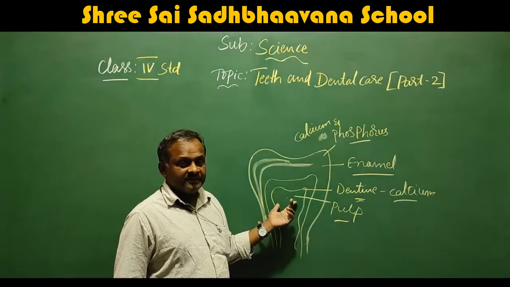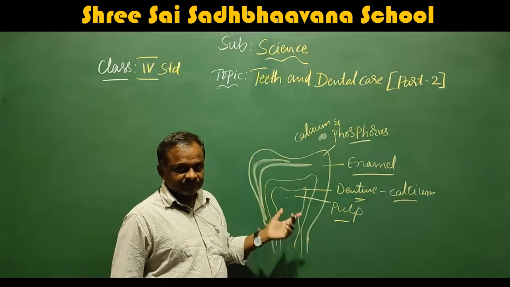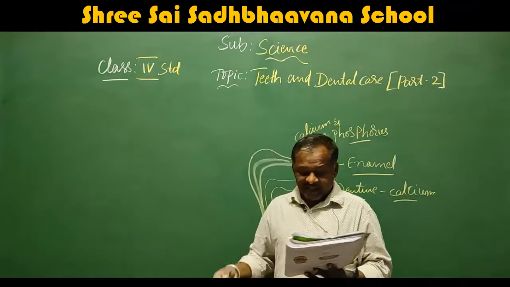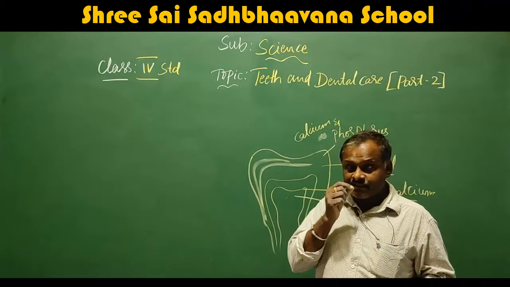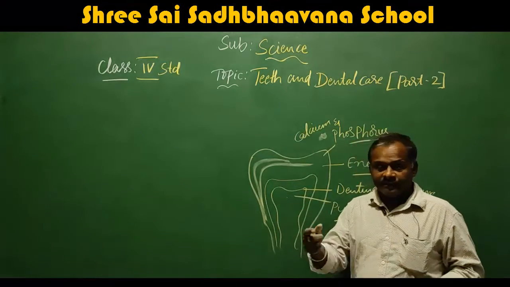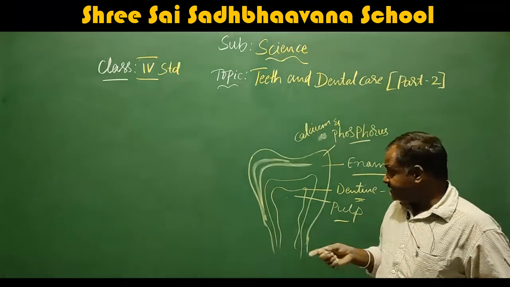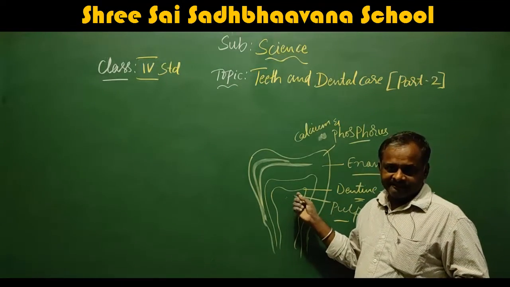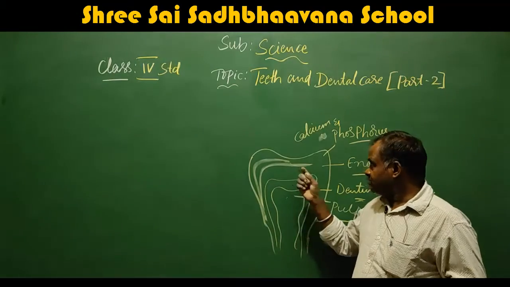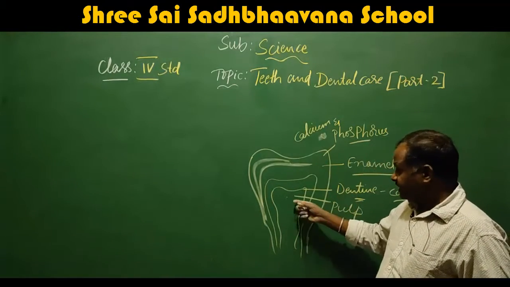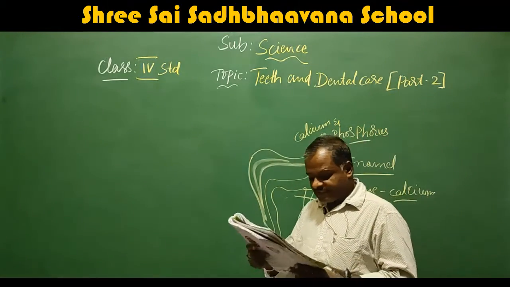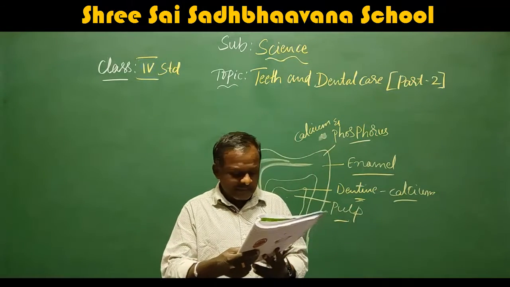If your tooth is broken when you fall down, the pulp gets damaged. The damage is not to the enamel or the dentine. It is the pulp that hurts.